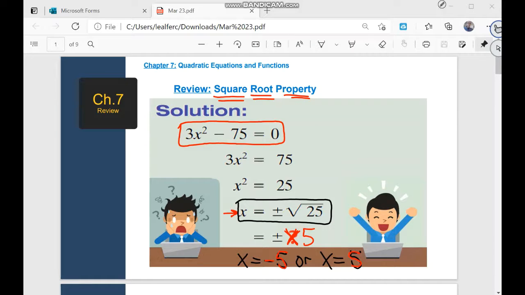The quadratic equations, do you agree, Kalia? The number missing here at the end is 5, but you just have to remember this is positive or negative 5. That means x equals negative 5 or x equals positive 5. Those are the answers.